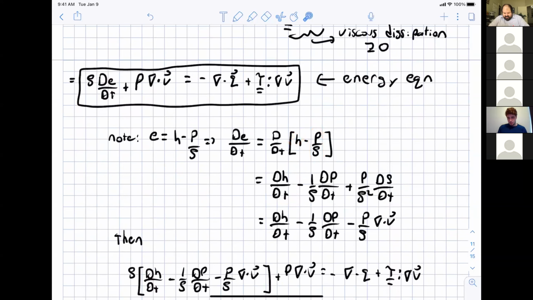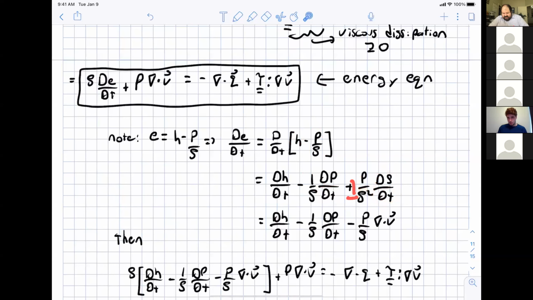So this is dP/dt times 1 over rho, minus P times d(1/rho)/dt, and that d(1/rho)/dt is just d rho/dt over minus rho squared.